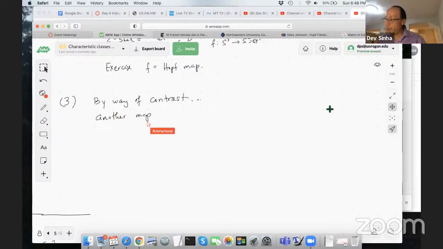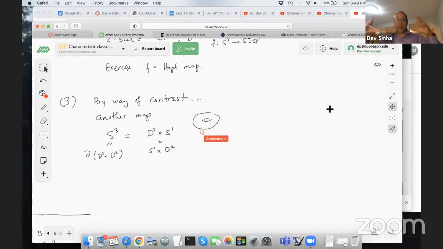I'm going to take S3 and make it as the union of D2 cross S1 and S1 cross D2. S3 is the boundary of D4, and if you apply the Leibniz rule to the fact that D4 is homeomorphic to D2 cross D2, you get this decomposition. So 3-dimensional space is sort of 2 tori, one that you can kind of see in front of you.